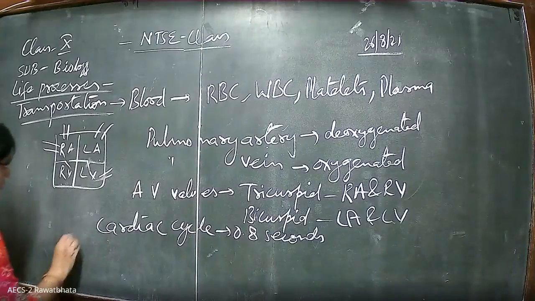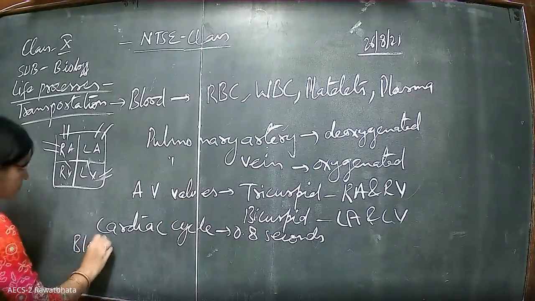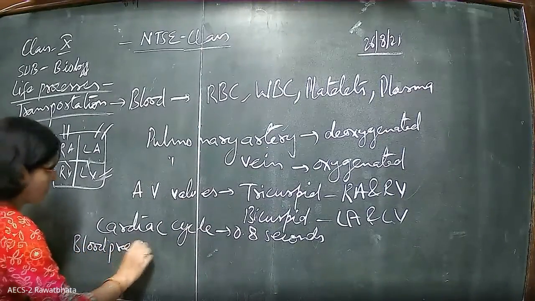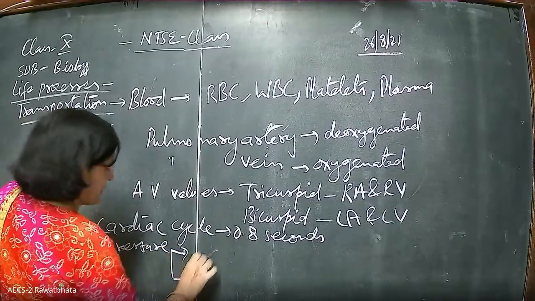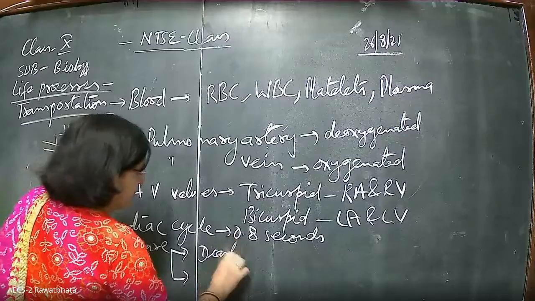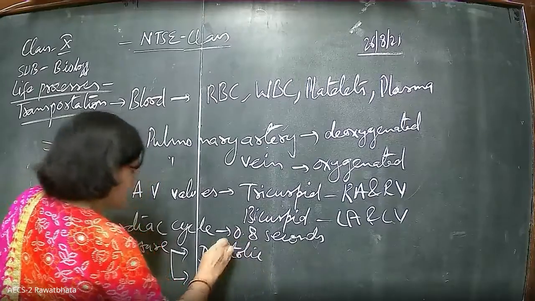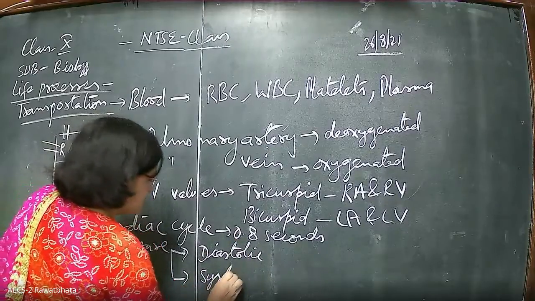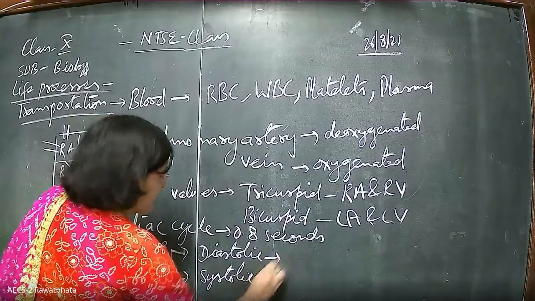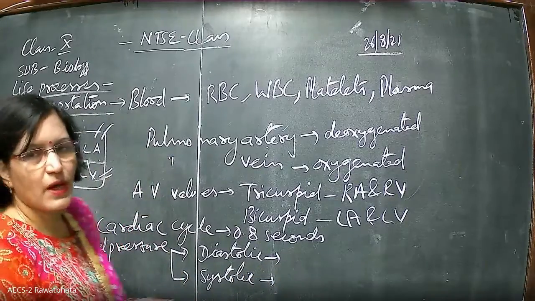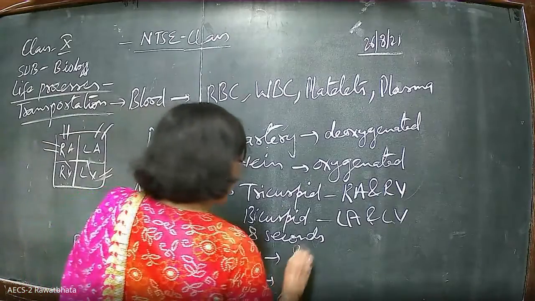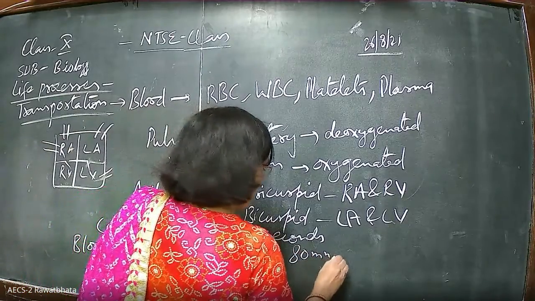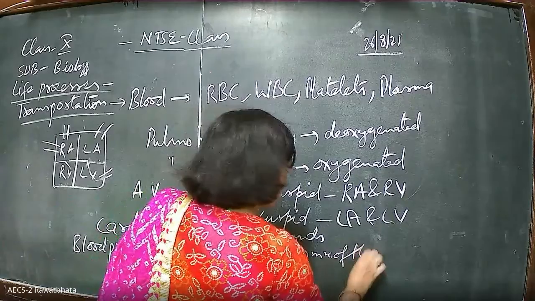We know about blood pressure. The blood pressure of course may be of two types, diastolic and systolic. Diastolic, of course, is when the heart is expanding, so definitely the pressure will be low. That is 80 mm of Hg.